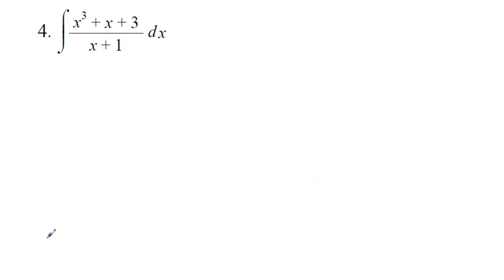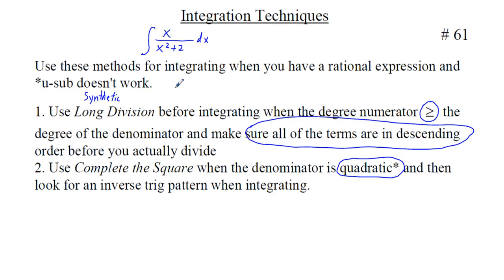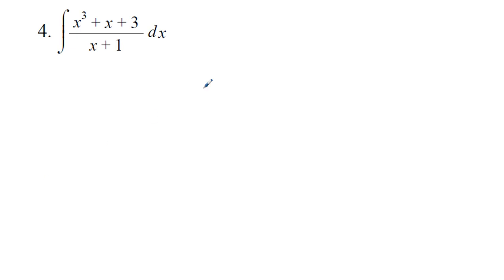Okay, number 4, we're going back to where we have the degree of the numerator being greater than the degree of the denominator, and instead of using long division, we're going to use synthetic division. So our x cubed plus 0 x squared plus x plus 3, and we're going to divide that by x plus 1.